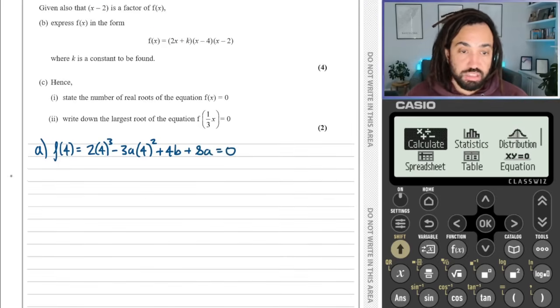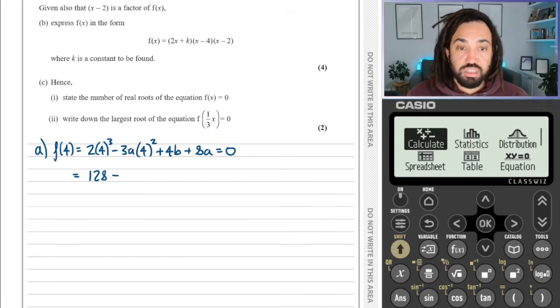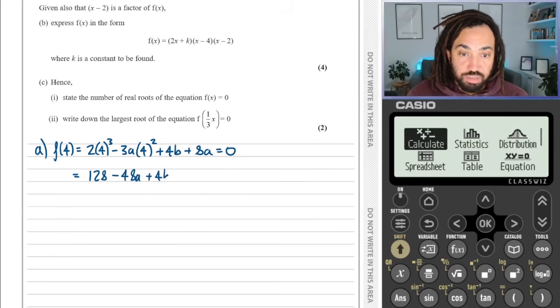Okay, let's evaluate this. So 4 cubed is 64, times 2 is 128, minus 4 squared is 16, times 3 is 48, plus 4b plus 8a equals 0.